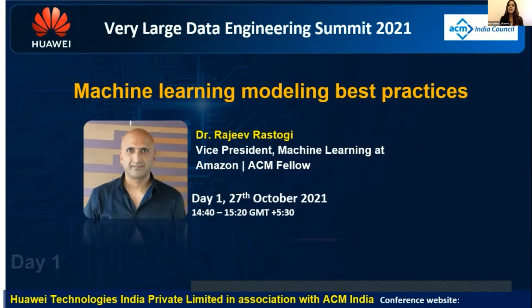Rajeev Rastogi is currently the lab director of Machine Learning Lab at Amazon India, where he is developing ML platforms and applications for the e-commerce domain. Previously, he was the vice president of Yahoo Labs, Bangalore, and the founding director of the Bell Labs Research Center in Bangalore, India. Rajeev is an ACM fellow and a Bell Labs fellow.